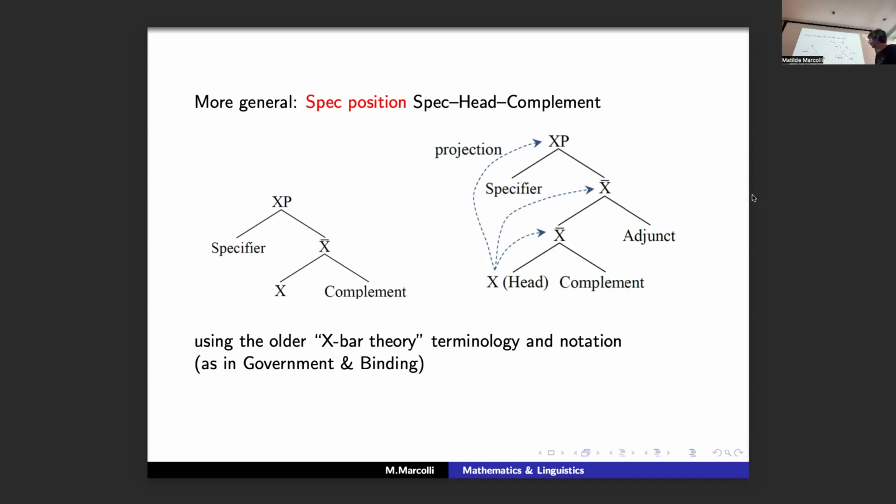But basically, the specifier is whatever is in the sister position with the main head and complement combination. So this is like a complete unit of head and complement, and the specifier is whatever combines with it, and it acts as whatever type of phrase this is, like a verb phrase or noun phrase.